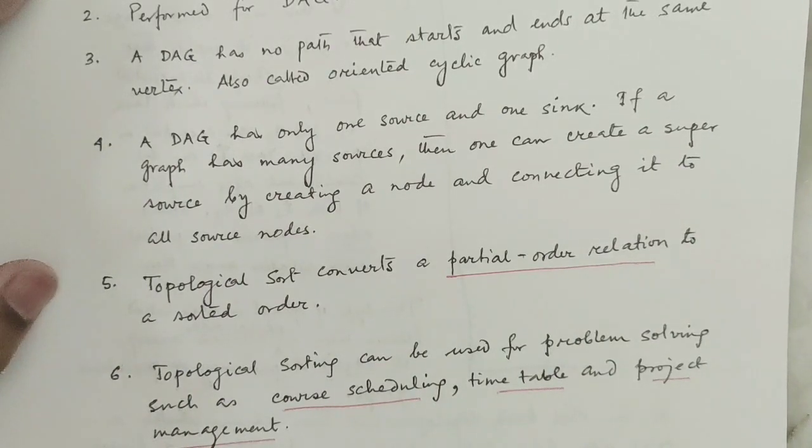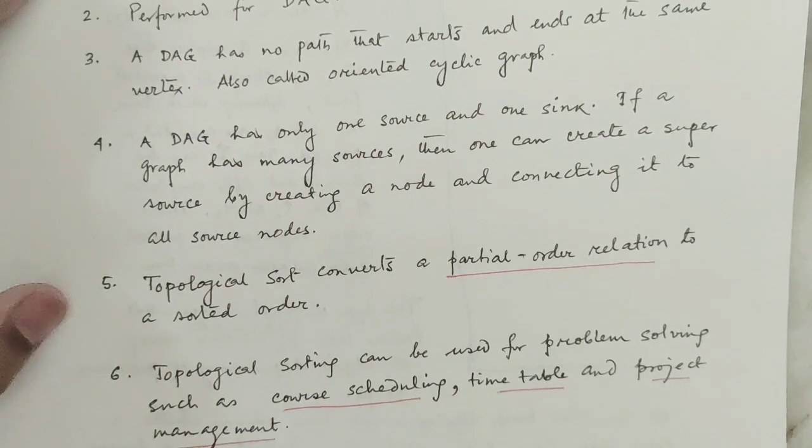I mentioned in a graph, a source vertex is a vertex for which there is no incoming edge, and a vertex that has no outgoing edge is usually called a sink. Okay, fine, no outgoing edge is called a sink, and no incoming edge is called the source.